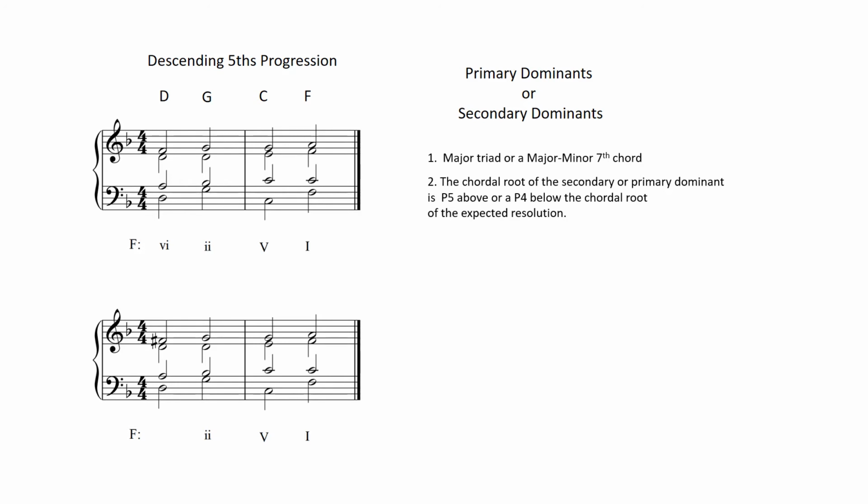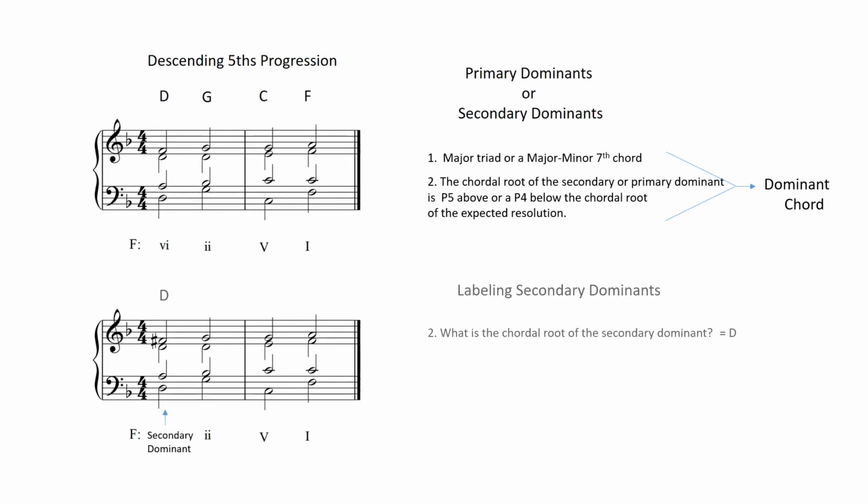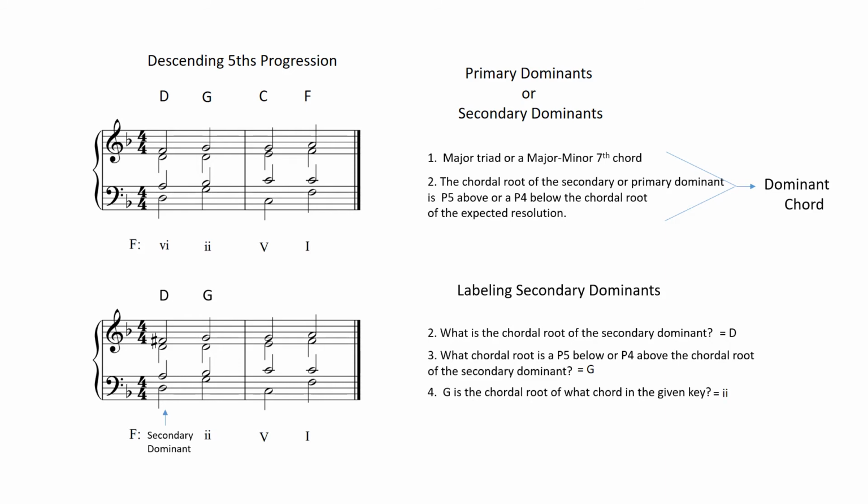It's a major triad and a dominant functioning chord. Its chordal root is D. A perfect fifth below or a perfect fourth above D is G. G is the root of the 2 chord in the key of F major. The secondary dominant is then properly labeled as 5 of 2.